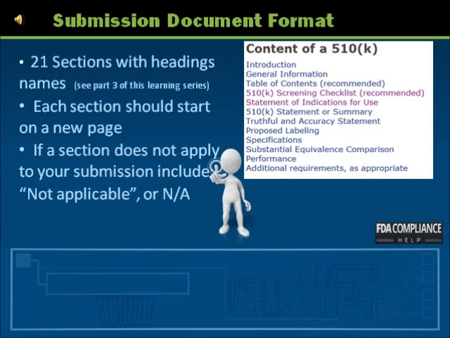In order to make the FDA reviewer's job easier, we recommend you retain the section headings in the sequence listed. If you believe a section does not apply, state the section does not apply or NA under that heading. For example, if your device does not contain any software, we recommend you list NA under the section 16 software.